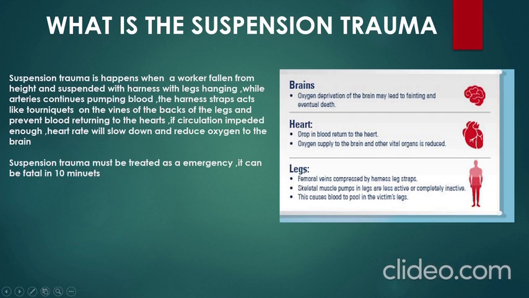This causes blood to pool in the victim's legs, and finally it will cause death. Suspension trauma must be treated as an emergency. It can be fatal in 10 minutes.